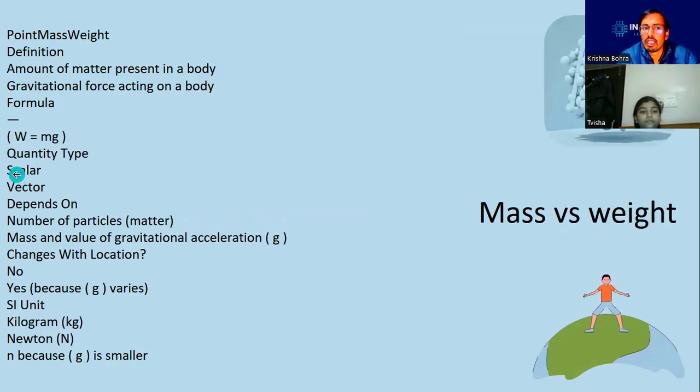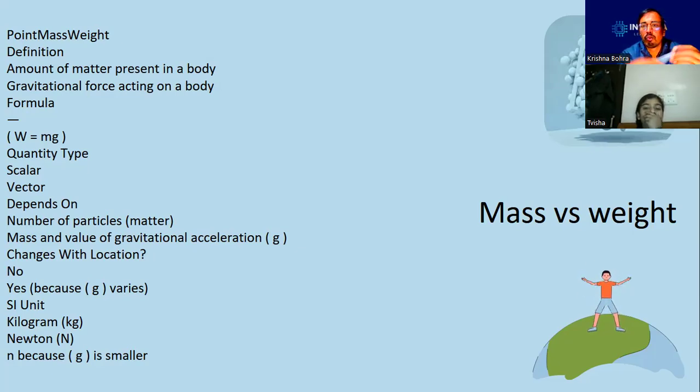So mass is a scalar quantity, while weight is a vector quantity. Now let's understand a little bit of scalar and vector quantities. Scalar quantities are those which don't have any direction, and vector quantities are those which have direction. That is the basic difference.